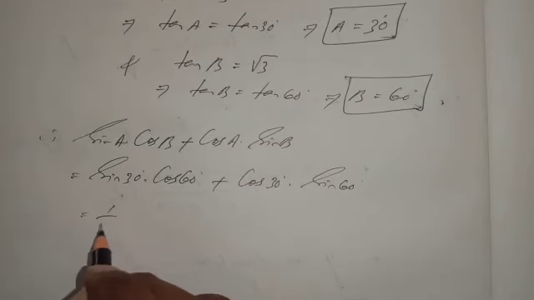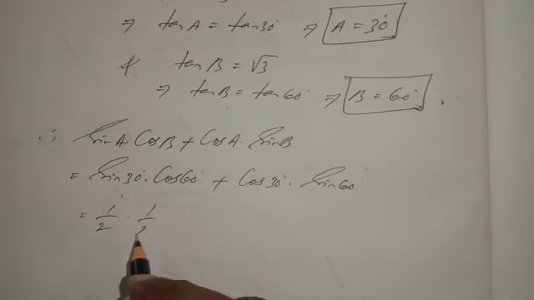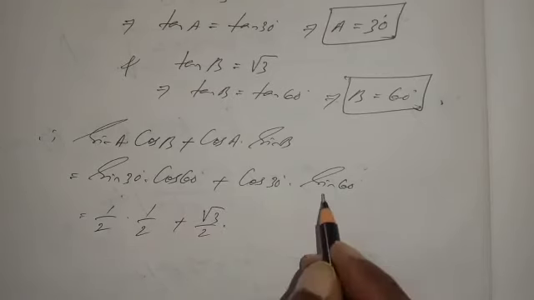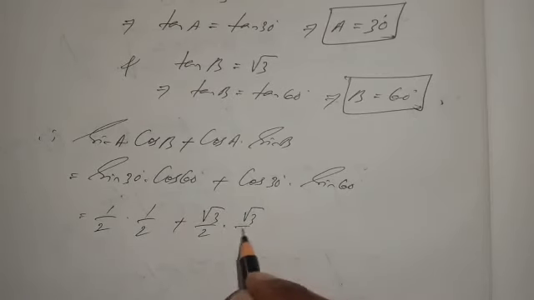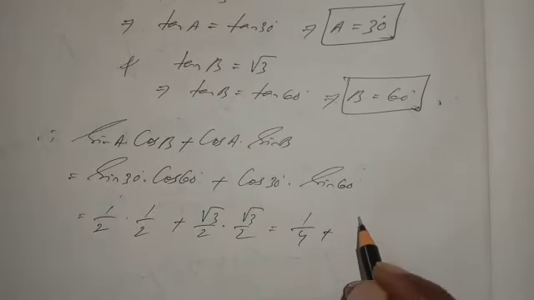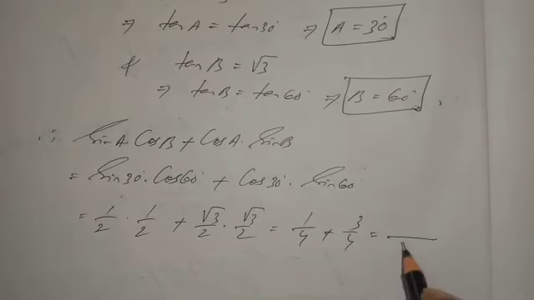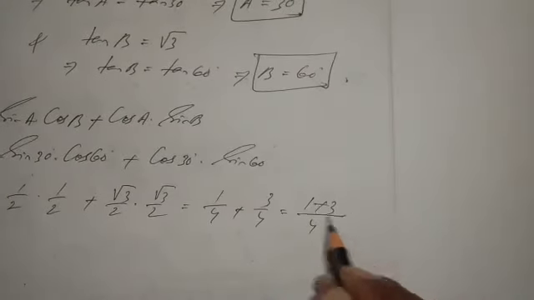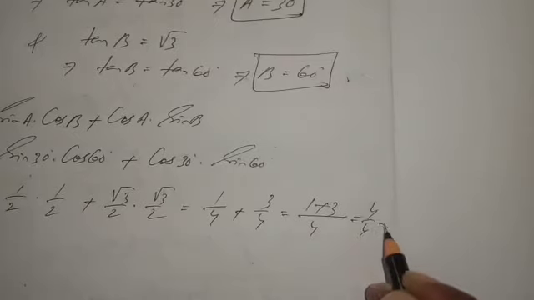Sin 30 is 1 by 2, cos 60 also 1 by 2, cos 30 root 3 by 2, sin 60 root 3 by 2. Finally, getting 1 by 4 plus root 3 into root 3, 3 by 4. LCM is how much? 4. Then this will be 1 plus 3, which is equal to 4 by 4, means 1.